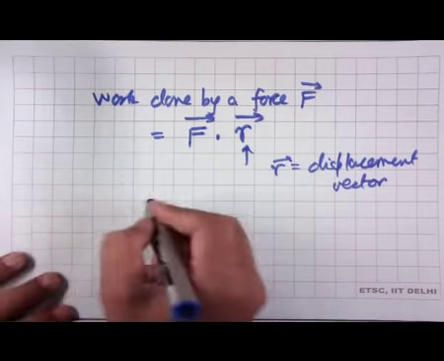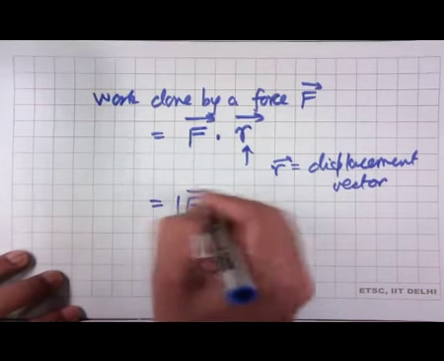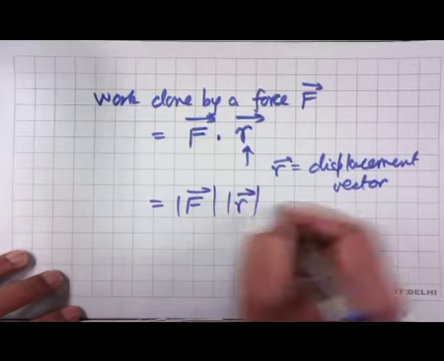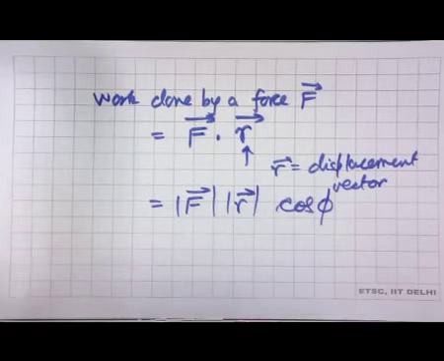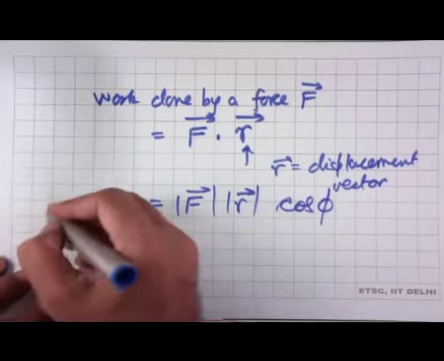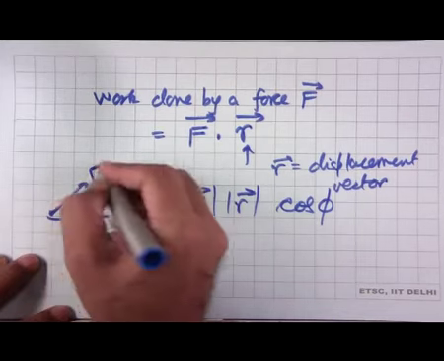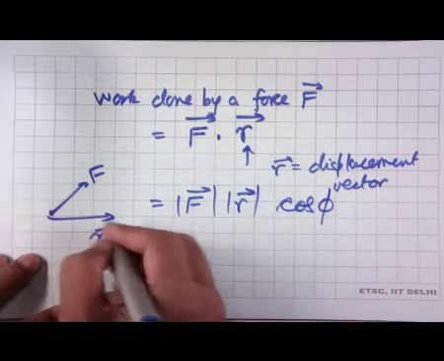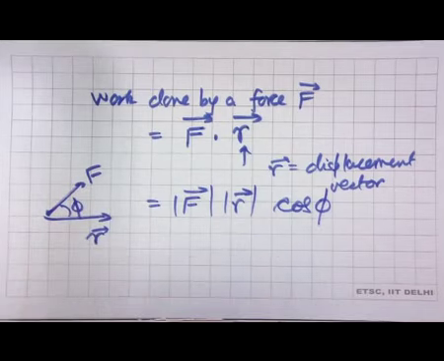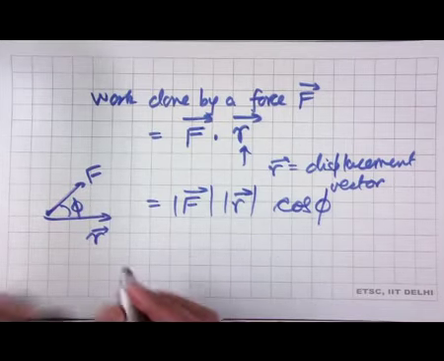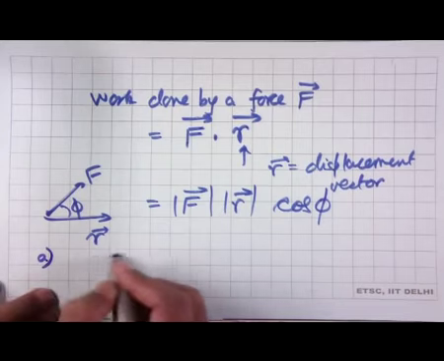And this we have also seen is equal to magnitude of F times magnitude of R times cosine phi. So, F is the force, R is the displacement, this is phi. Now, from here what we see is some special cases.